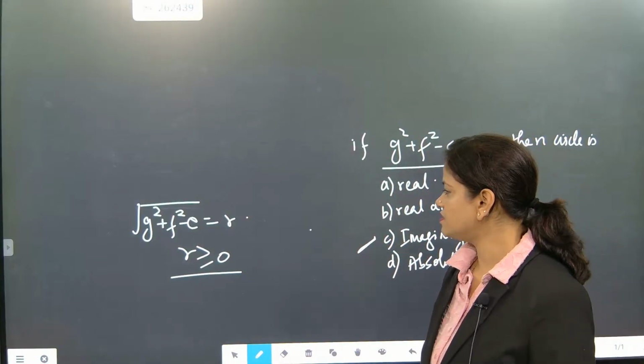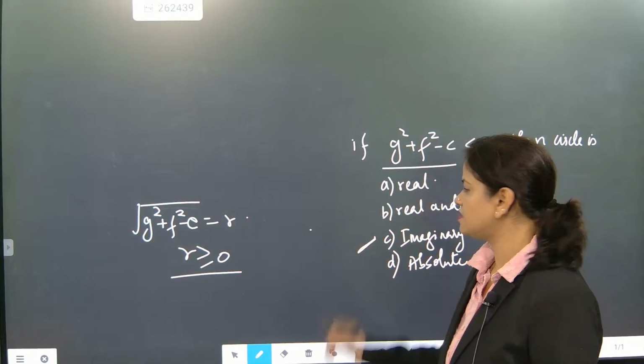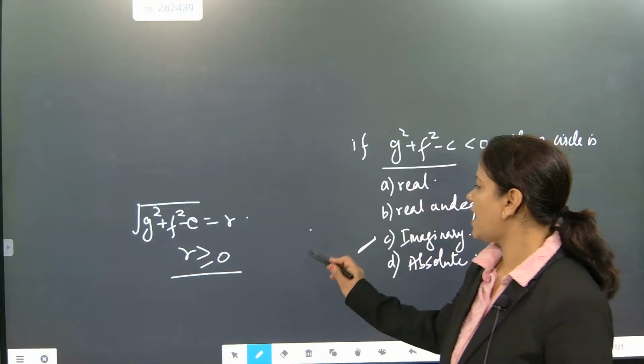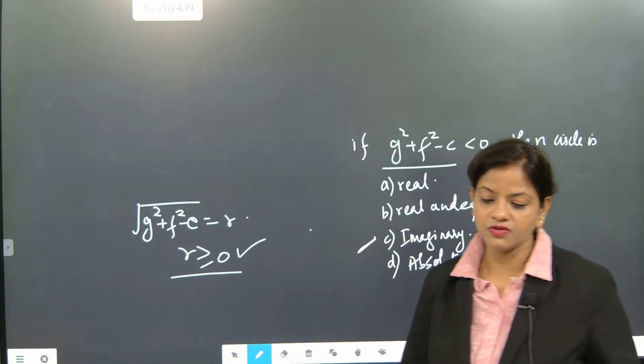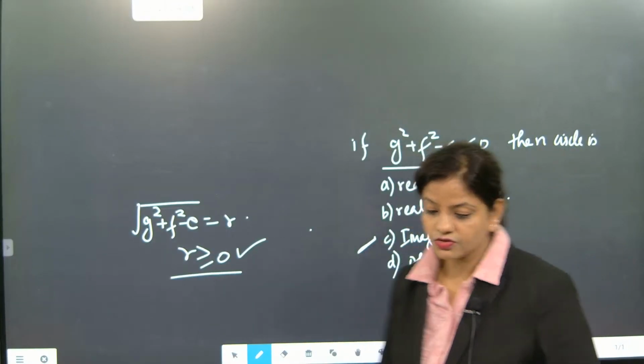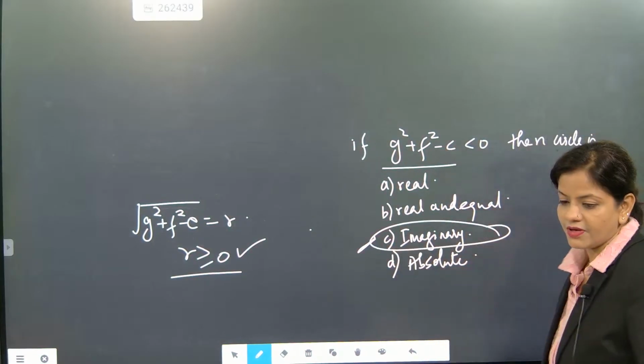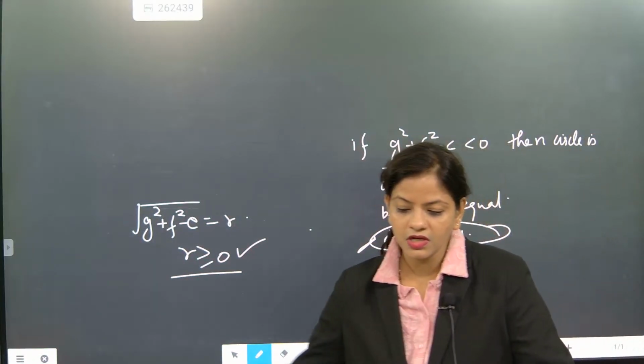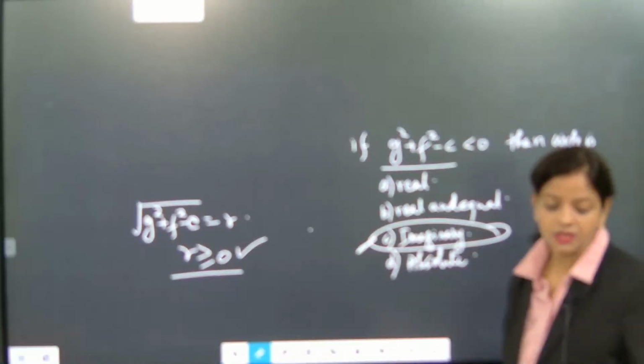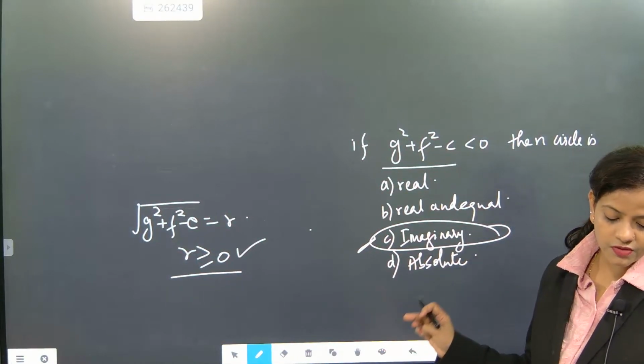When the radius is 0, the circle is nothing but a point. And when the radius is greater than 0, then the circle will exist. So these are the two important points. So C is the correct answer. Shall we go for the next question?